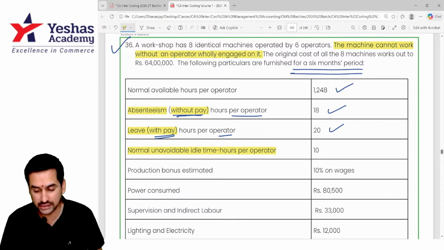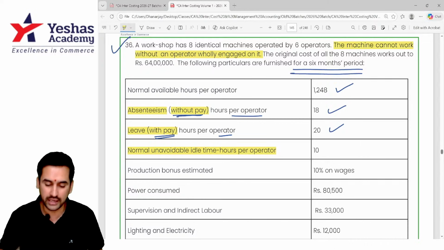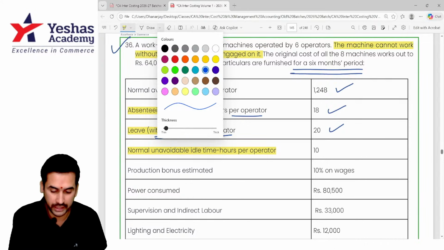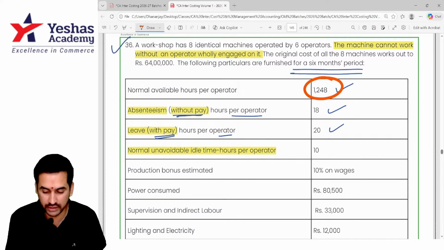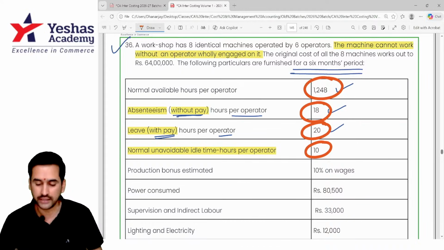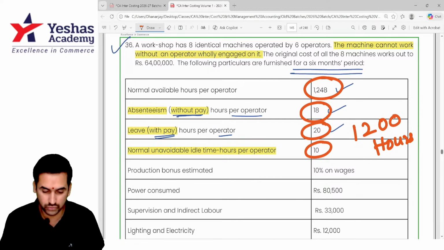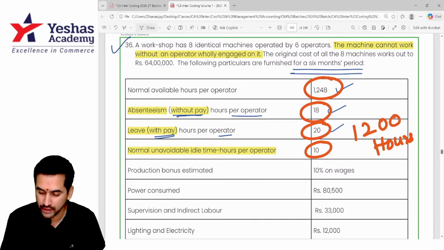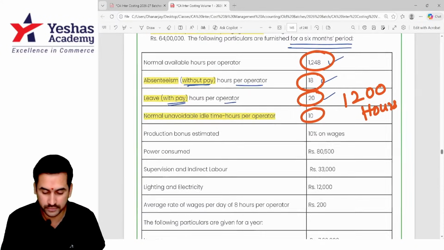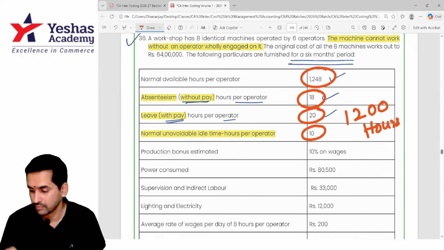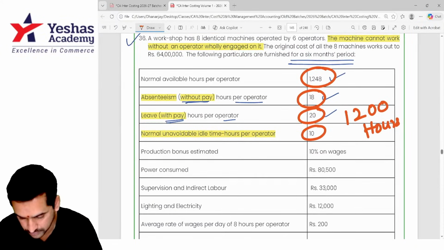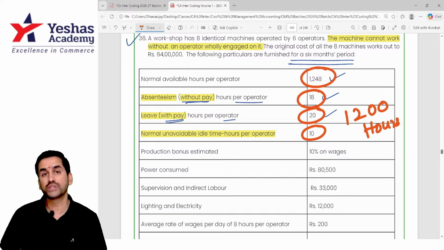Now please do this in calculator. 1248 hours available, minus 18, minus 20, minus 10. This will come to, I think, 1200 hours. Can you check and confirm? 1200 hours, is that correct? What is 1200 hours?